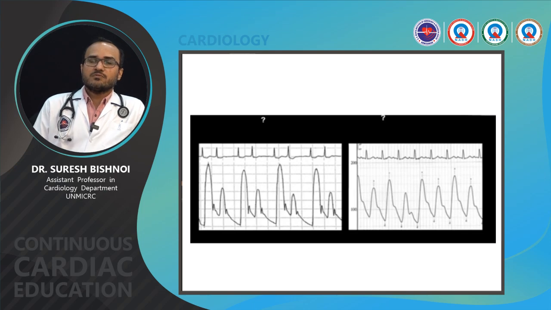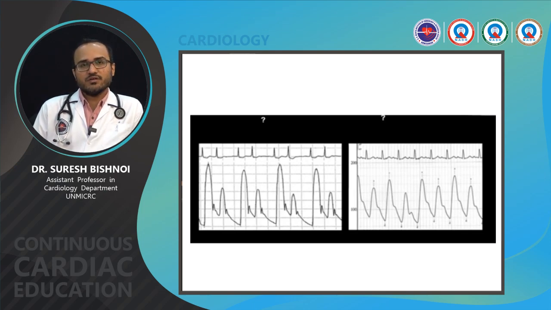These are 2 pulse tracings, and they are most of the time shown in exams. You should know what is on the left and what is on the right. This is the ECG recording on the upper side, and there is a lower pulse recording. On the left side there is a pulsus bigeminus. So there is an alternate decrease in the stroke volume or amplitude of the pulse. That can be confused with pulsus alternans.